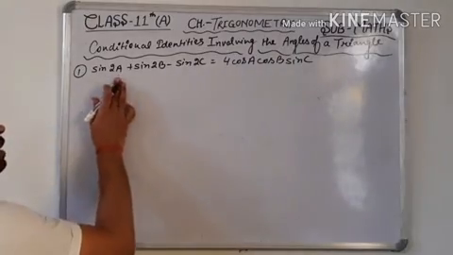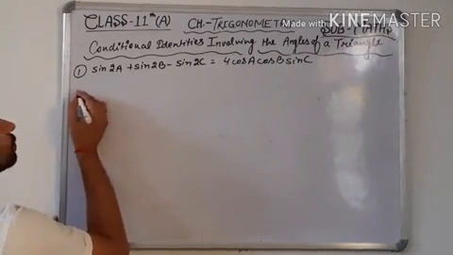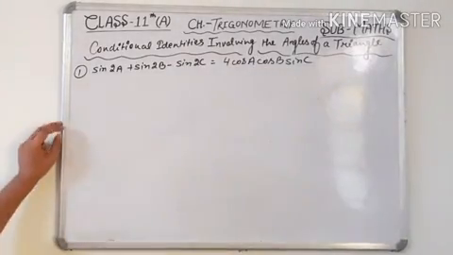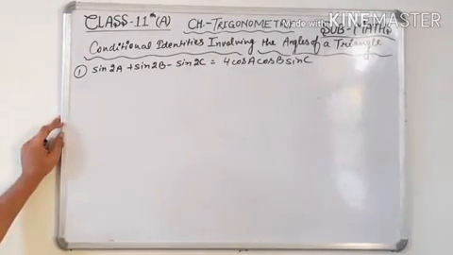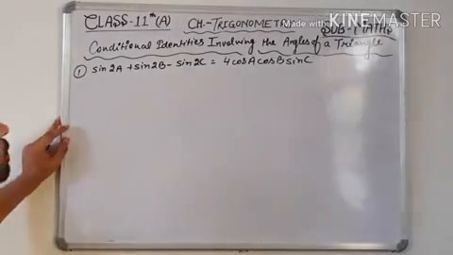We will start from the left hand side, and it is given to you for all the questions that A plus B plus C equals pi.